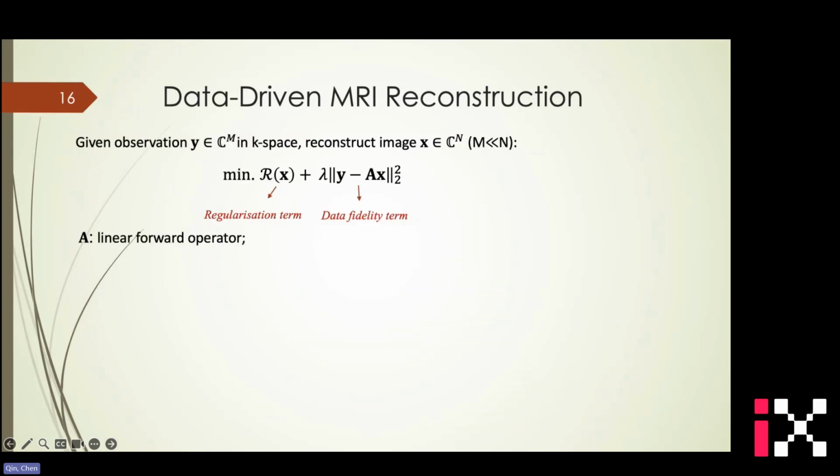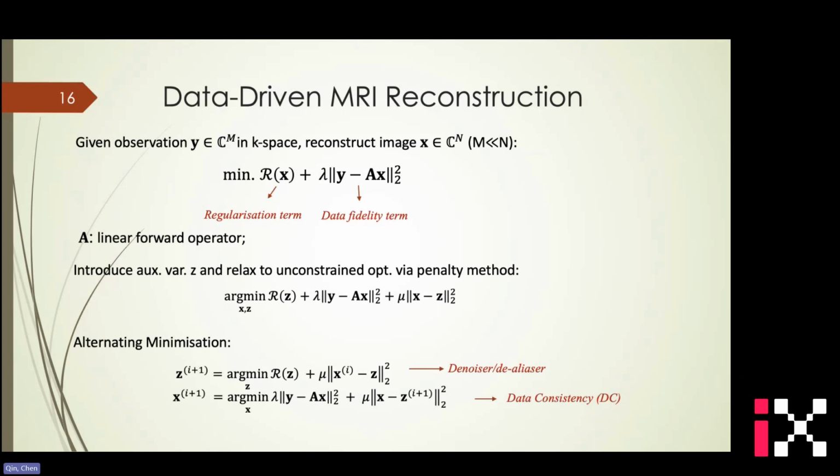So to address this problem, we have proposed another data-driven reconstruction method based on what we have just formulated. As we discussed, we can solve this objective function by using alternating minimization, right? One way of doing this is to introduce an auxiliary variable z and relax this to an unconstrained optimization via the penalty method.